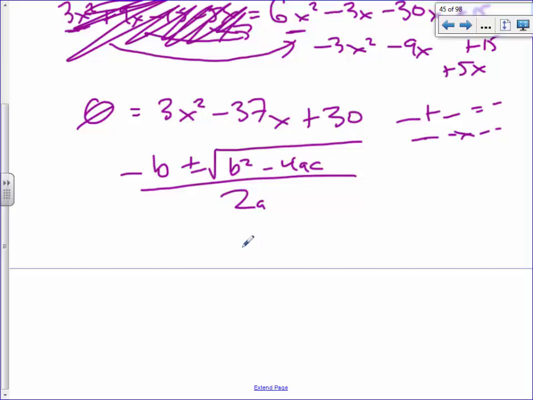Oh yeah, start plugging in numbers. We need minus b. B itself, though, is minus 37. So minus 37 means that's just good old 37. B squared is minus 37 squared. Don't forget, though, when you times it together, make sure it's a positive number.